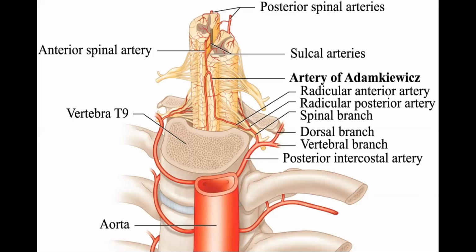Okay, here is the blood supply of the spinal cord. This is a spinal cord, and this is the aorta. Here is the aorta giving the posterior intercostal artery that gives a spinal branch. This spinal branch gives radicular posterior and radicular anterior arteries.